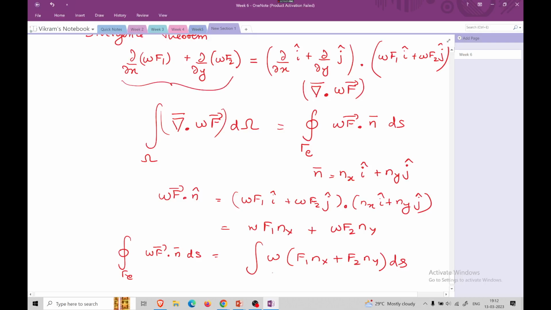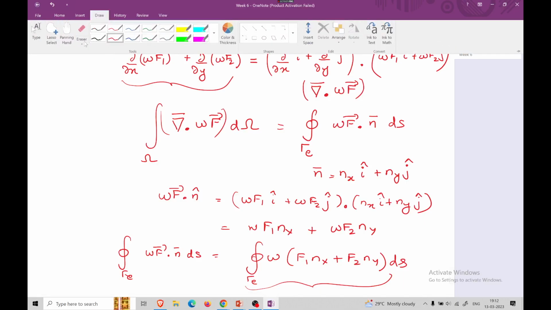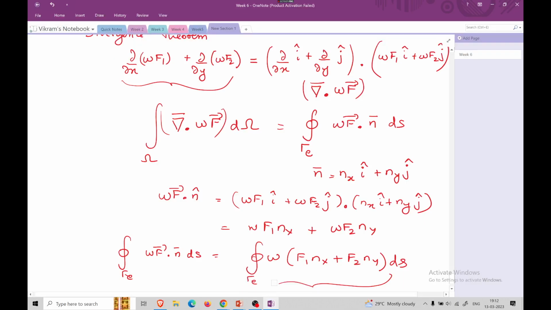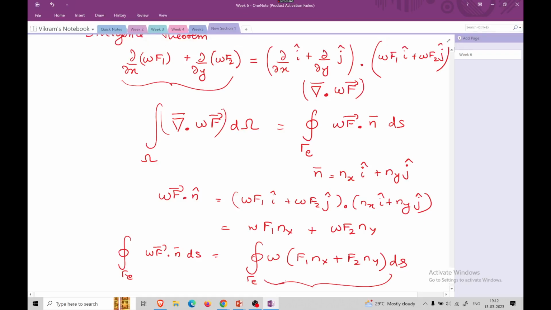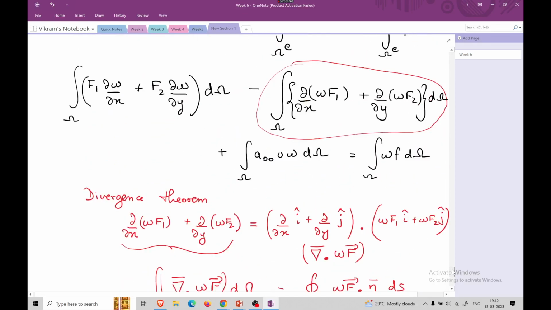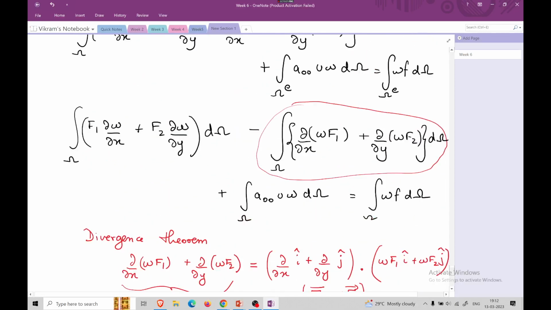Instead of the domain term, I am simply going to substitute this term. So effectively what I have done is I have converted this domain integral into a boundary integral. So this term I am going to keep as it is, and this term I am going to rewrite now using the boundary integral.